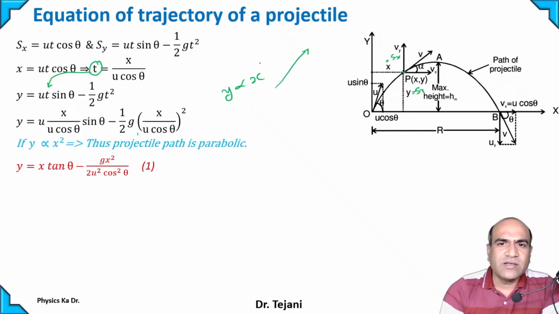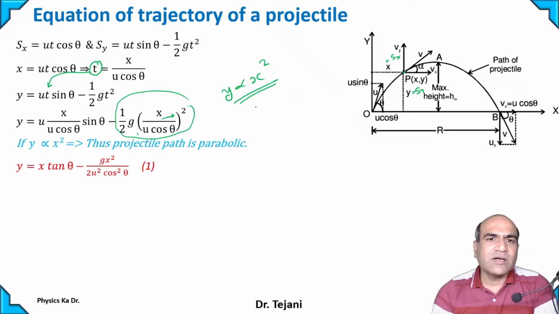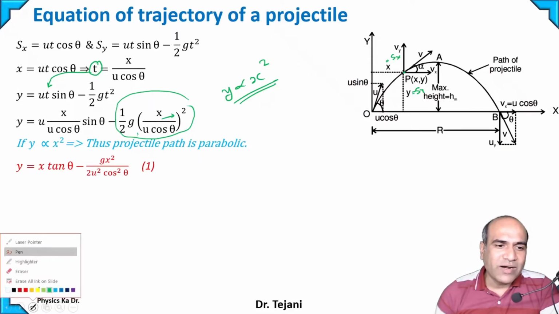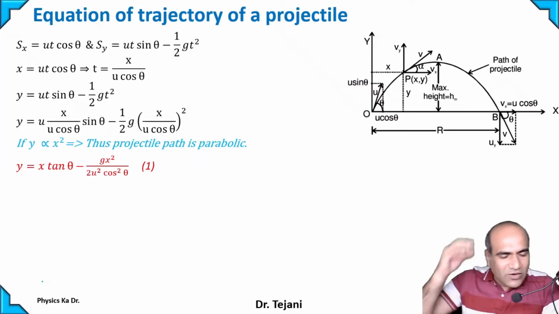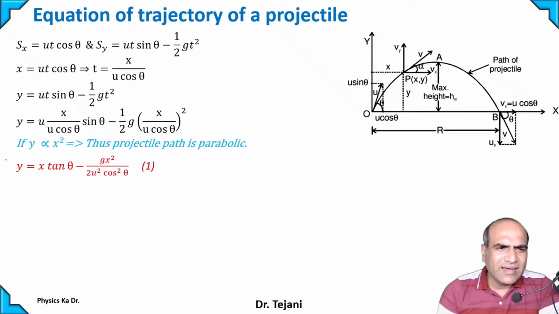But if we have x square with some constant, then y is proportional to x square, therefore our object has a curved path. When y is proportional to x square, it presents a parabolic path, and therefore a body which is freely projected always has a parabolic path, because of the relation given here.